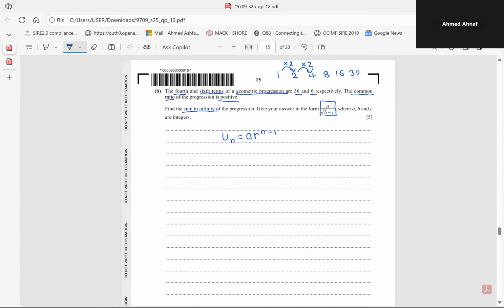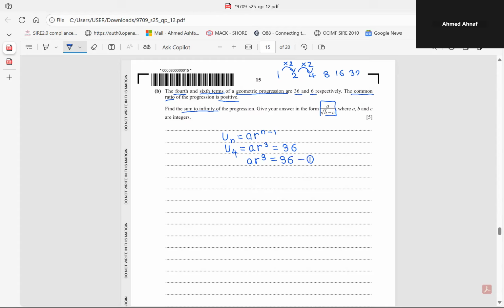So let's substitute n equals 4 for the fourth term. So we'll have a times r to the power of 4 minus 1, which is 3. And that is equal to 36. So our first equation would be a times r cubed equals 36.